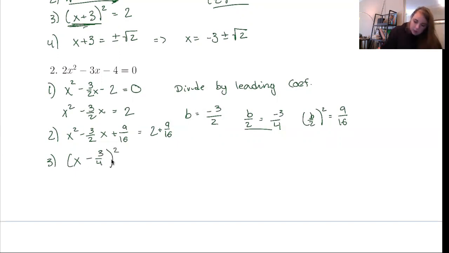So x minus 3/4 squared. And 2 plus 9/16 is going to be 32/16 plus 9/16, which equals 41/16.